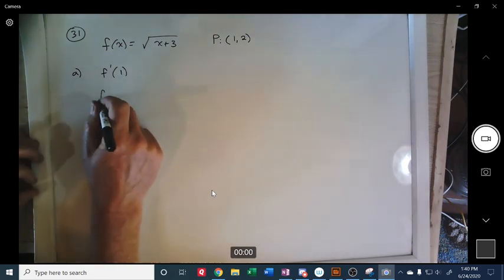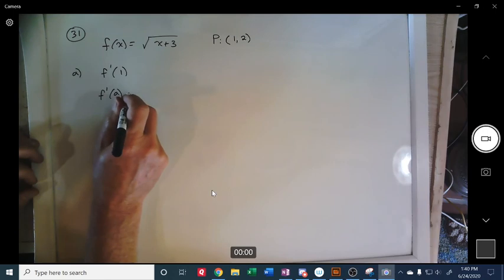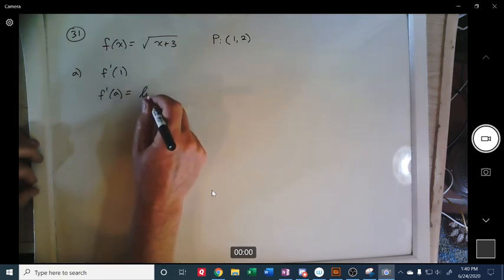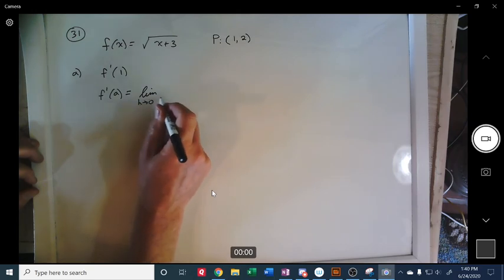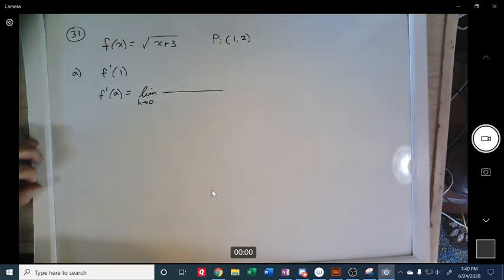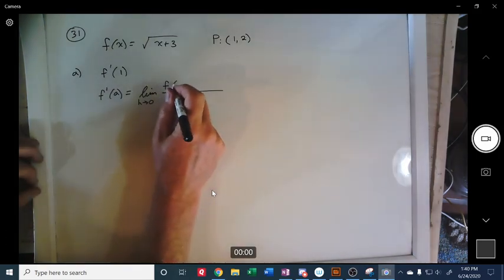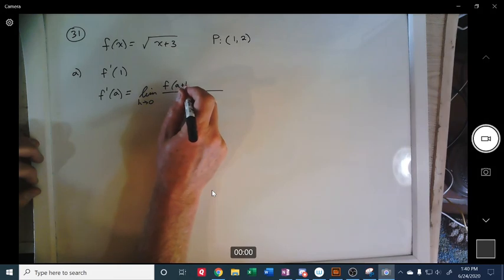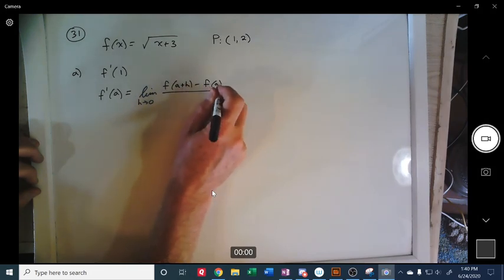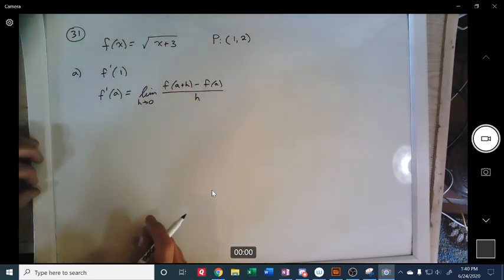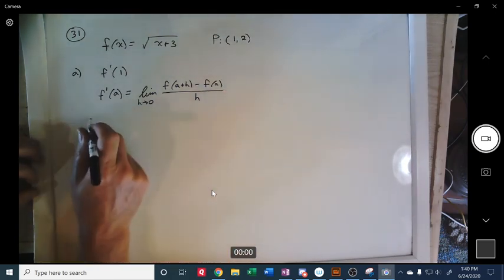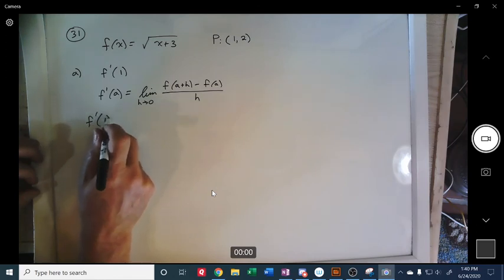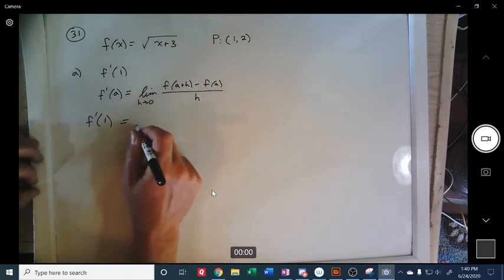And we're going to use f prime at a is equal to the limit as h approaches 0. It tells us to use the second definition, which is f of a plus h minus f of a over h. And so f prime at 1 is, I just replace all the a's with 1.